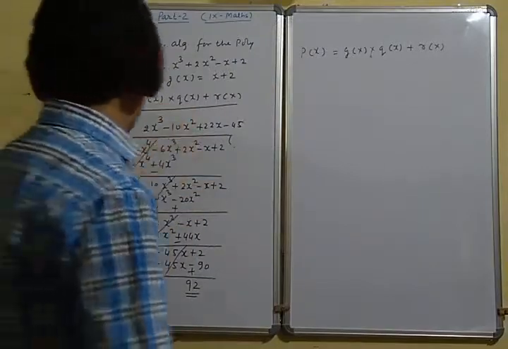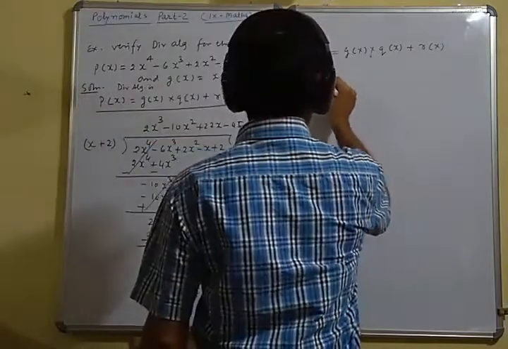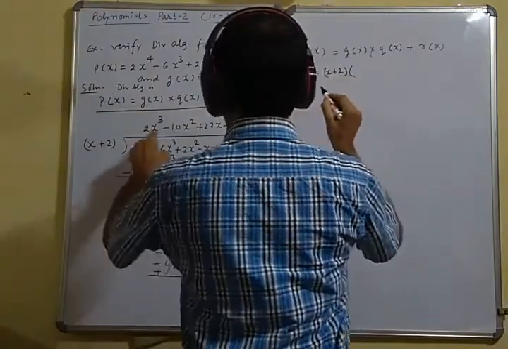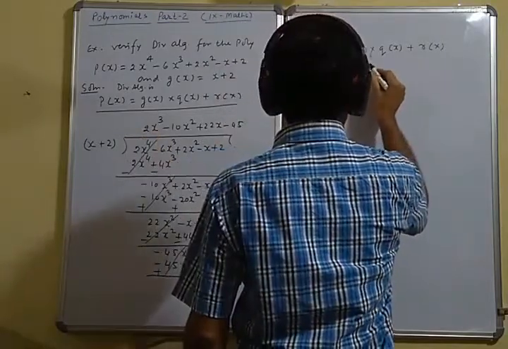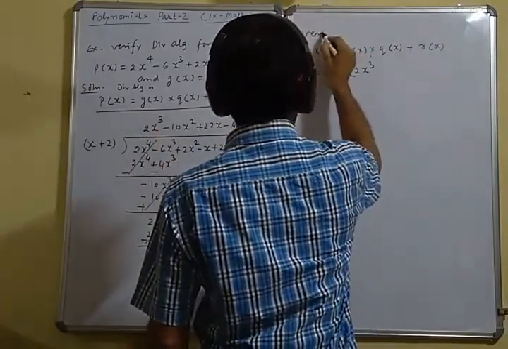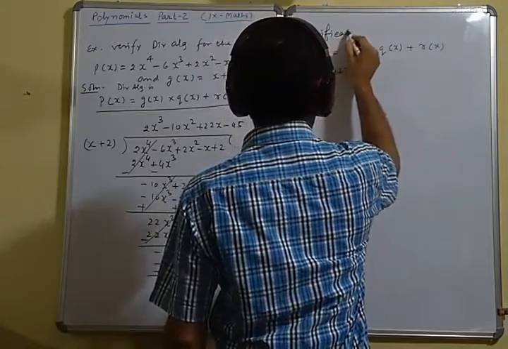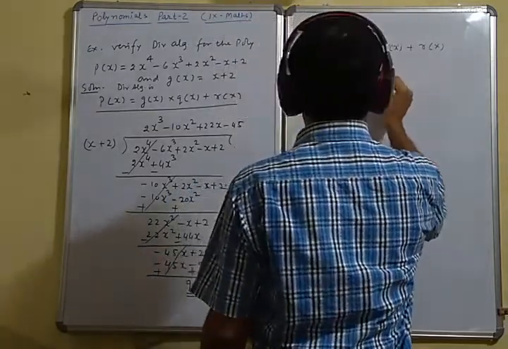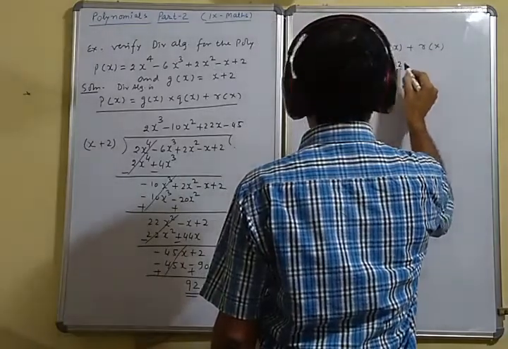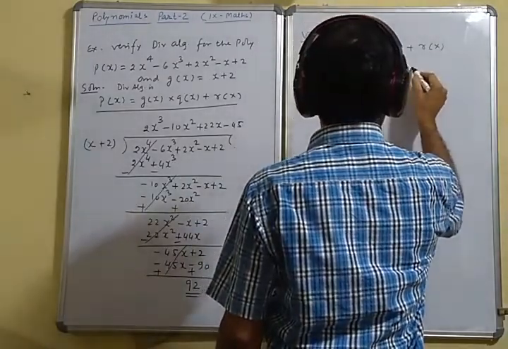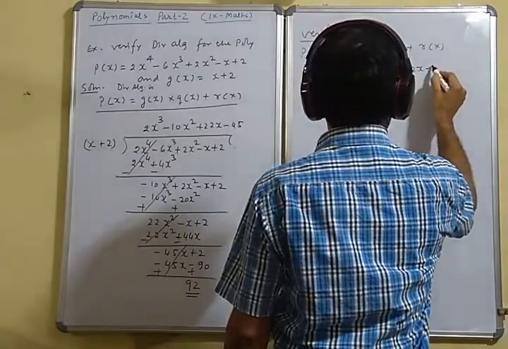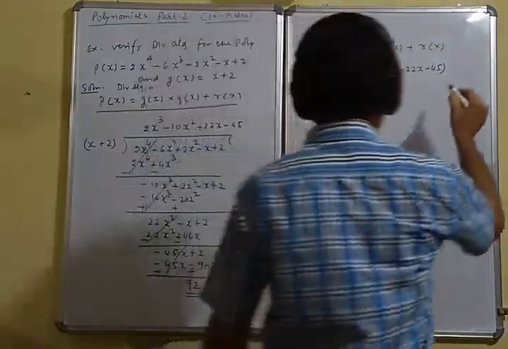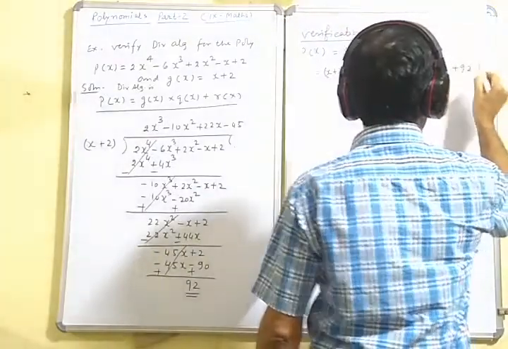So g(x) is x plus 2, multiplied by the other bracket: 2x cube minus 10x square plus 22x minus 45, and plus the remainder 92.